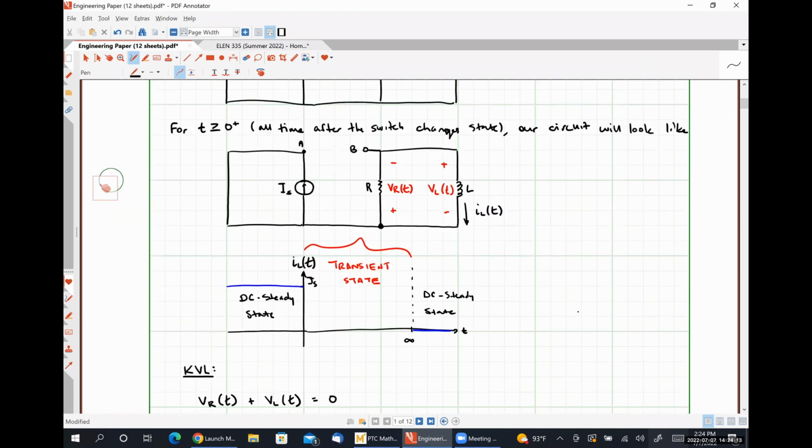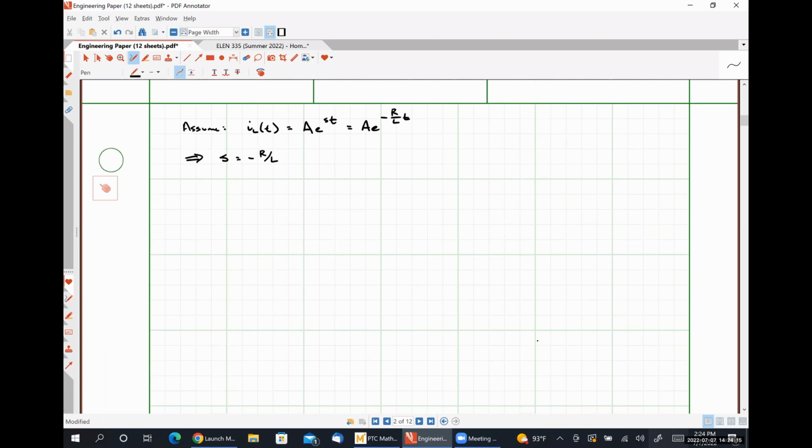So from that, if we evaluate IL at 0 plus, it would have to be A e to the negative R over L times 0. Well, e to the 0th power is just 1. So A has to be whatever the inductor current was the moment after the switch changed states.